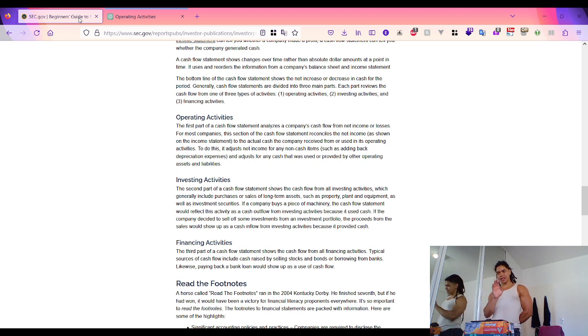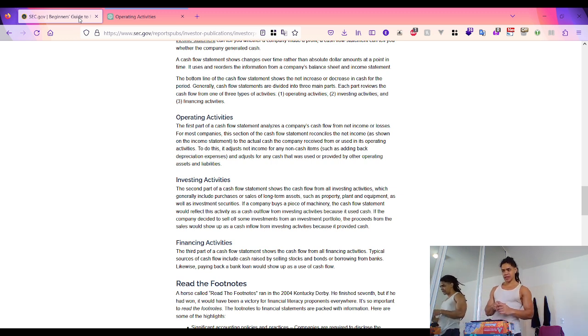So the first part of the cash flow statement analyzes the cash flow from the net income. For most companies, this section reconciles the net income from the income statement and the actual cash the company received from or used in its operating activities.